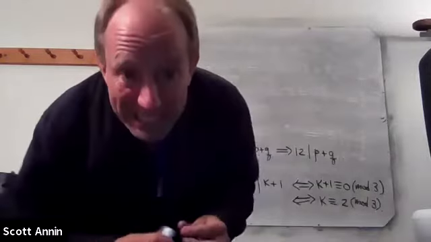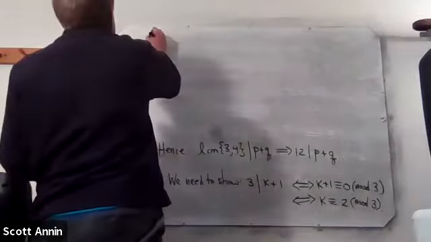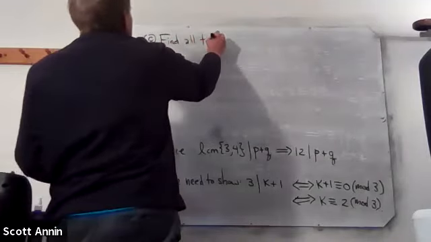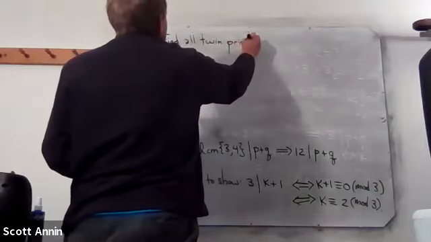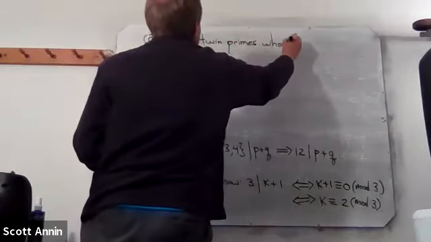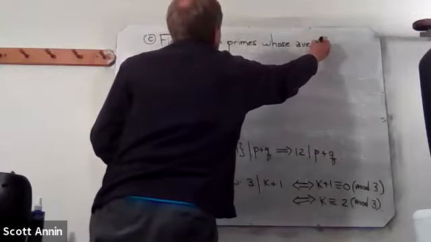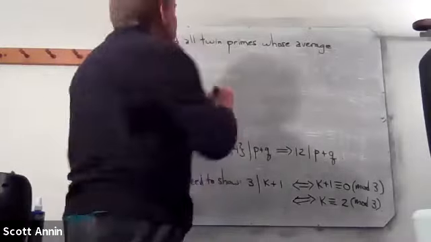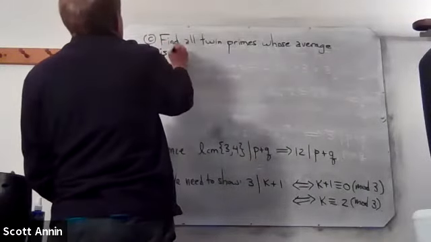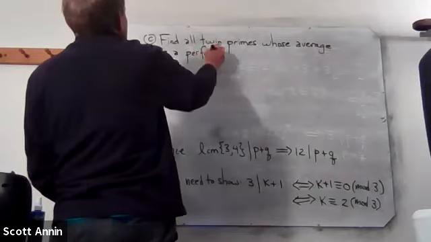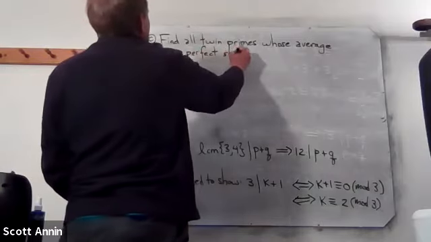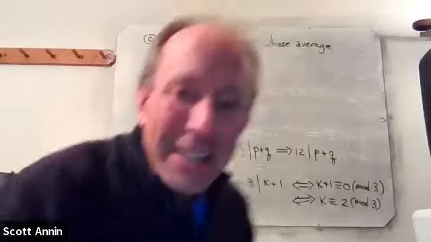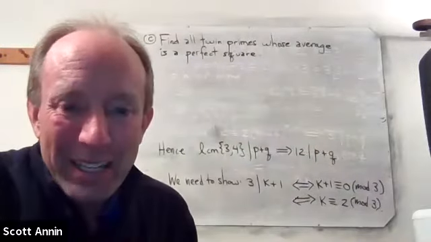So this is part C. It says, find all twin primes whose average, I guess we're going to look at the average of these 2 twin primes, whose average is a perfect square. All twin primes whose average is a perfect square here.